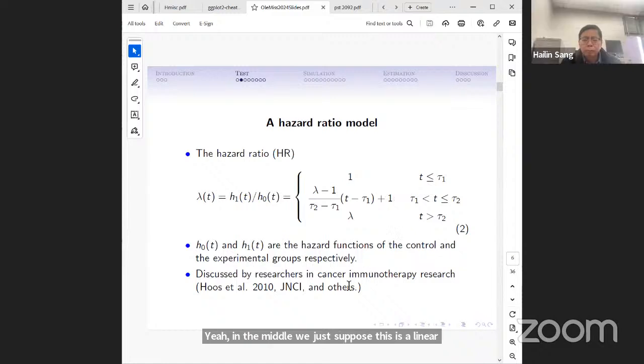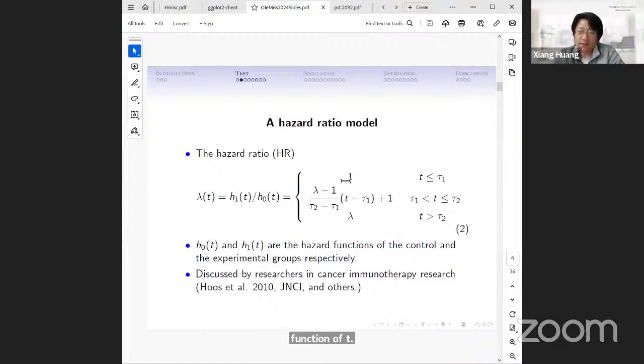Okay, so that's not a true model, but it's an approximation, because the cancer immunotherapy research community believes that for immunotherapy to take effect, it needs time to build up.